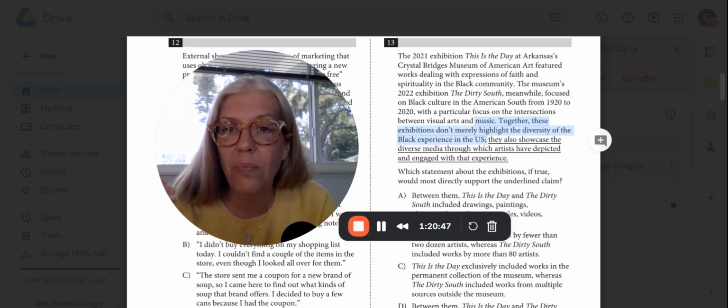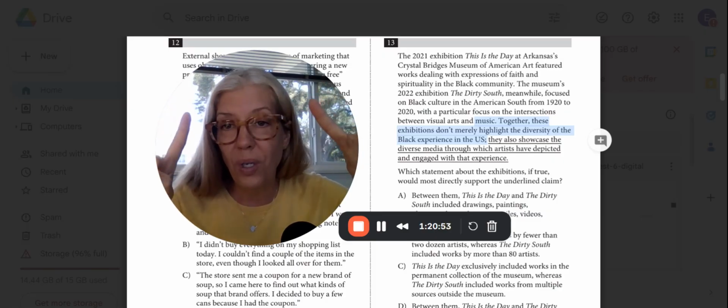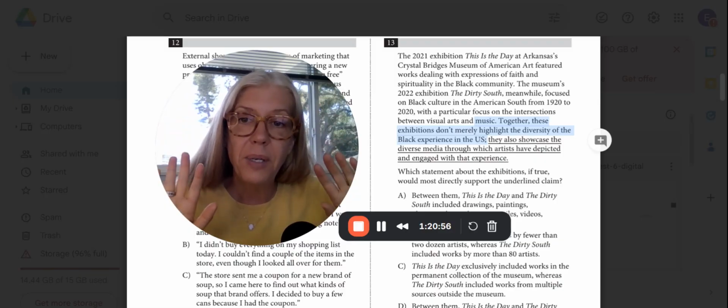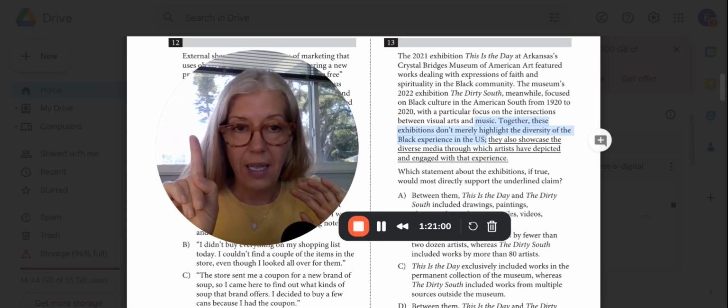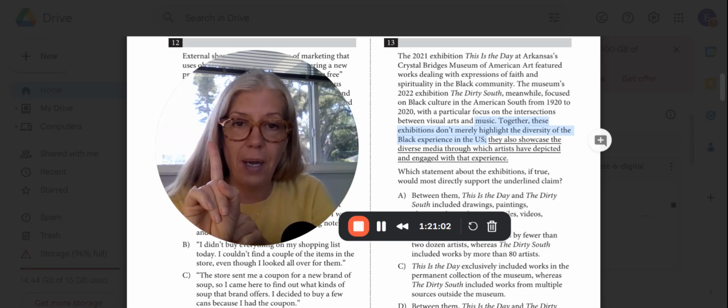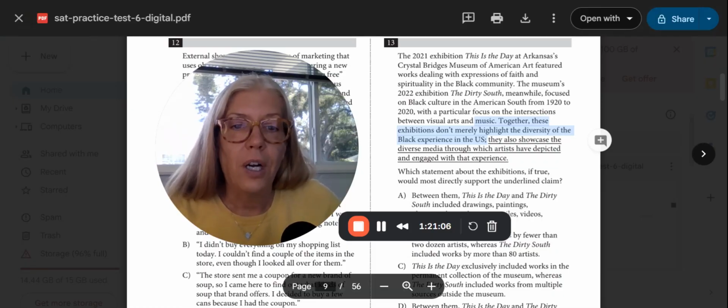So, diverse media through which artists have depicted and engaged with that experience. They're giving us two examples of the exhibitions and what those exhibitions did. Highlighted the diversity of Black experience, semicolon, showcased diverse media. Okay, I've talked a lot.